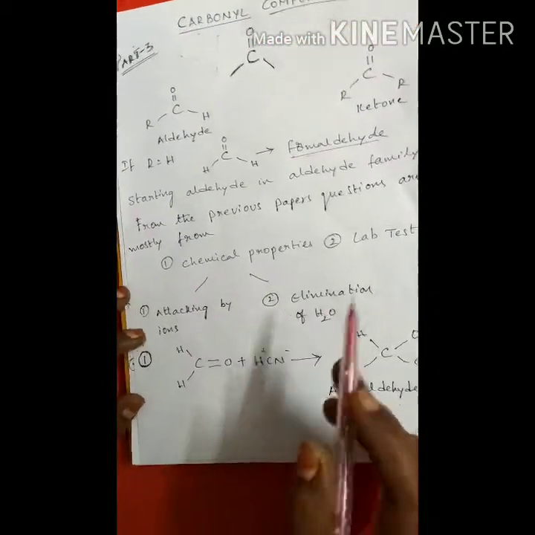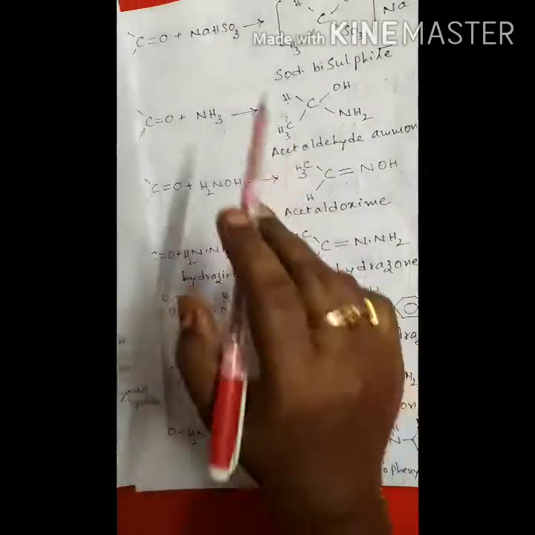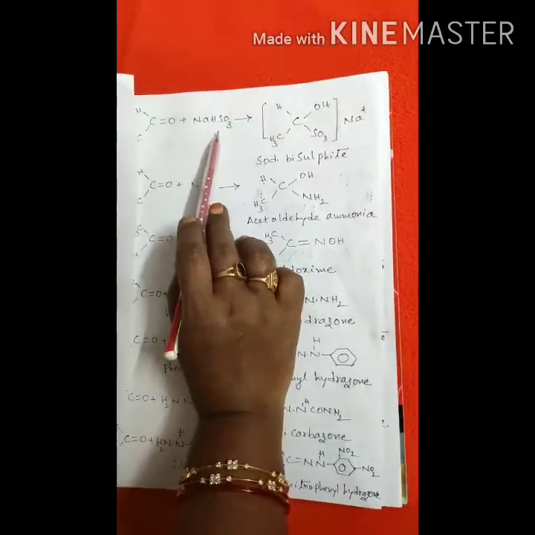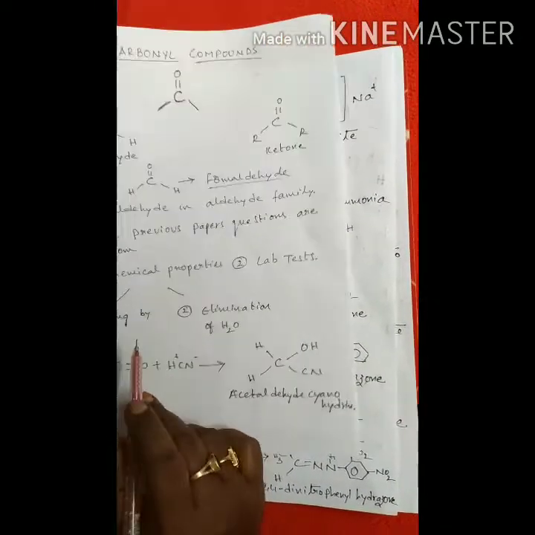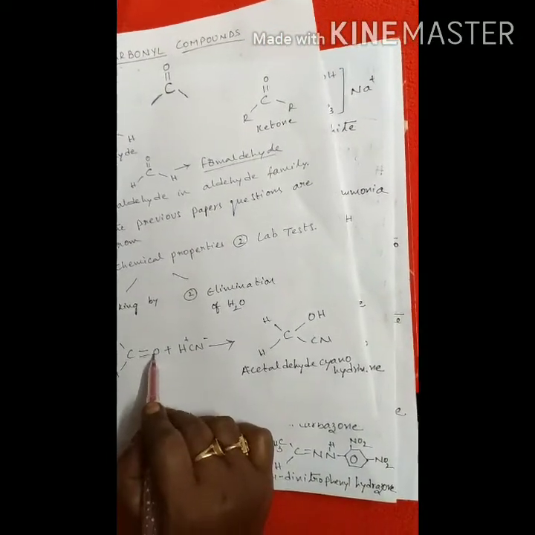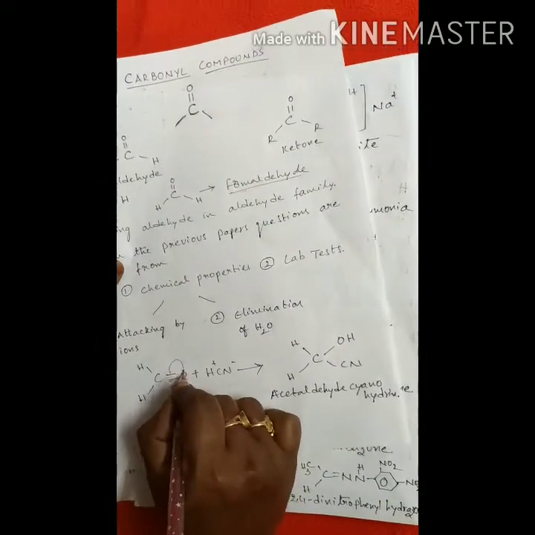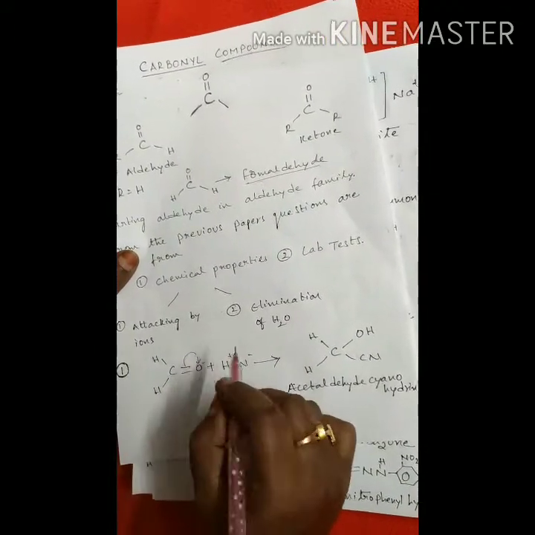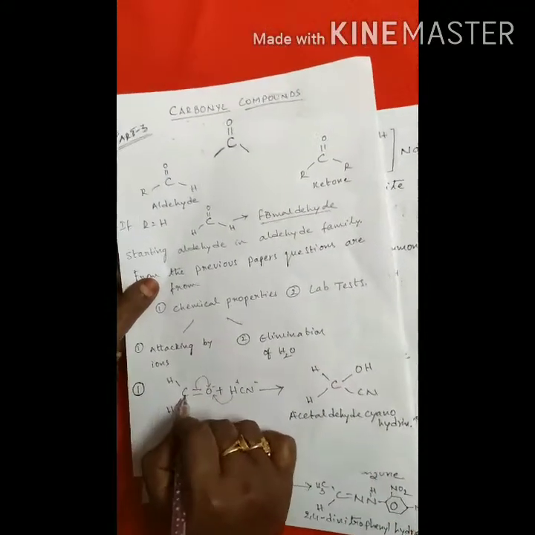For example, HCN, that is hydrogen cyanide, and NaHSO3. In these two cases, what happens is H plus and CN minus. As the electronegativity of oxygen is more, the electrons are attracted towards oxygen. That's why oxygen gets a negative charge, and hydrogen attacks at oxygen and the cyano group at the carbonyl carbon.